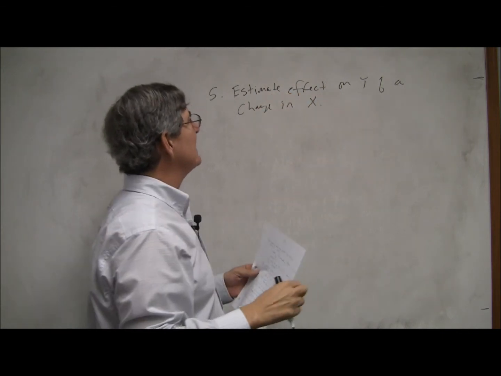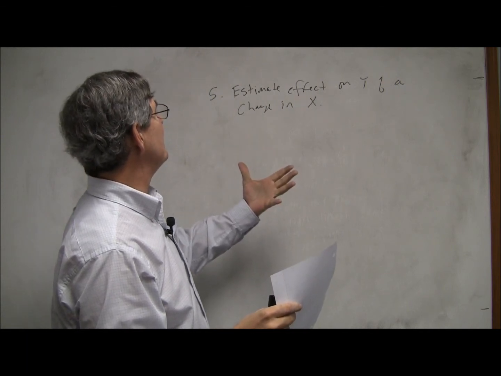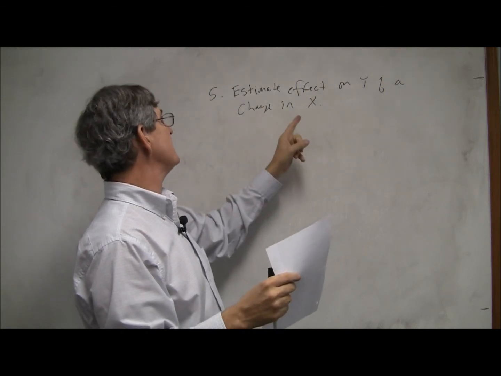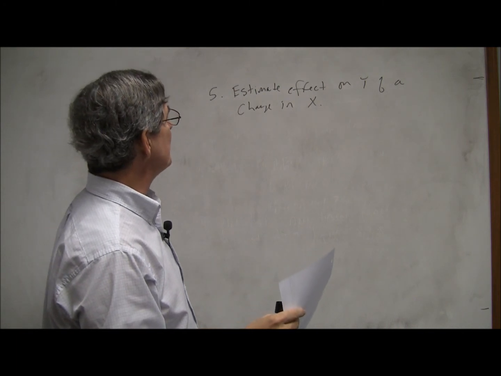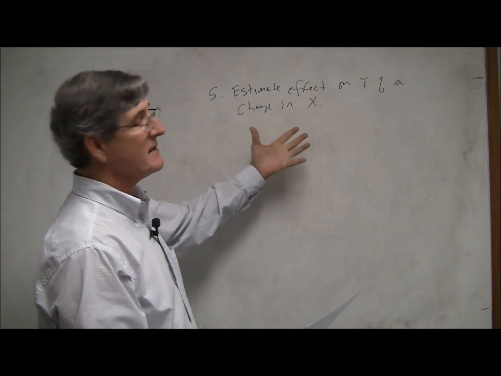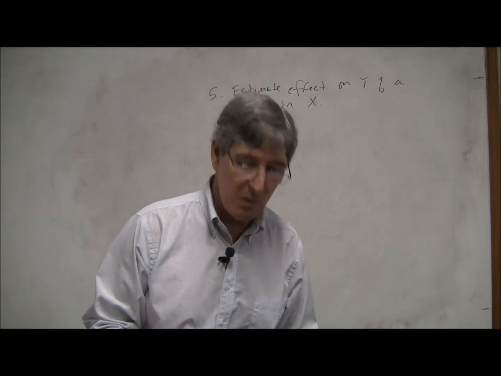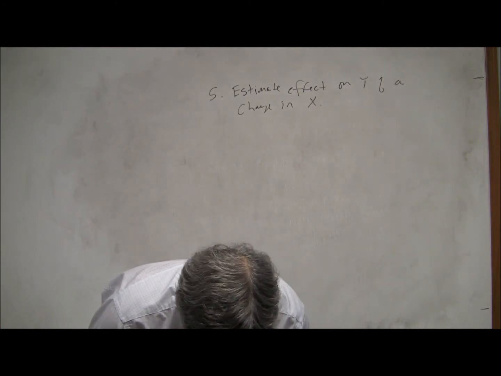I like to say estimate the effect of a change in x on y. The book always says estimate the effect on y of a change in x, which is a bit of an awkward English construction to me, but I'm going with the books. And we did this for the quadratic. That's what we did, the 10 to 11 or the 40 to 41,000.